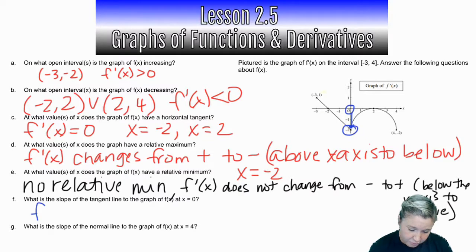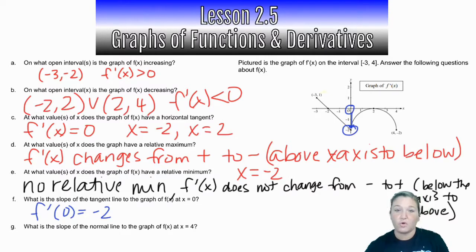So I'm basically looking at f prime of 0, and that's going to be -2, since this whole graph is graphing the slopes of the tangent lines. Okay, so make sure that you keep that in mind, because it's really confusing when you have the graph of f of x and then you have the graph of f prime of x, and you're like, are these related? So they are related, but this is just plotting the slopes of the tangent lines as they change.